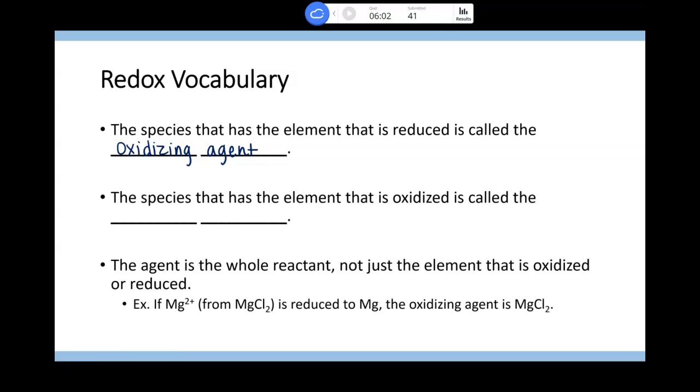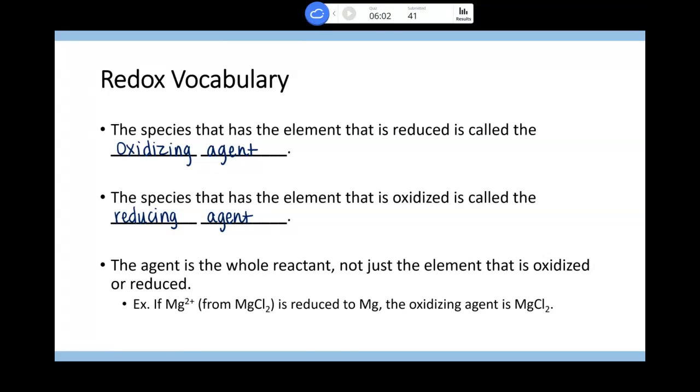And vice versa, the species that has the element that is oxidized, the element that lost electrons, giving electrons away, that whole species is called the reducing agent.